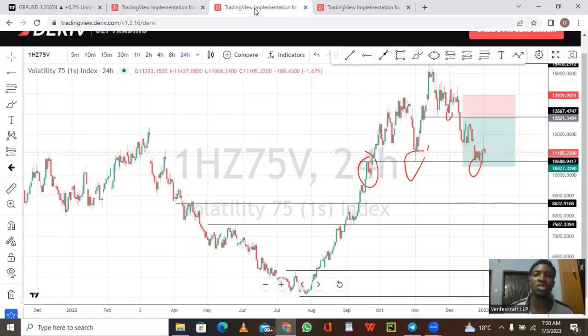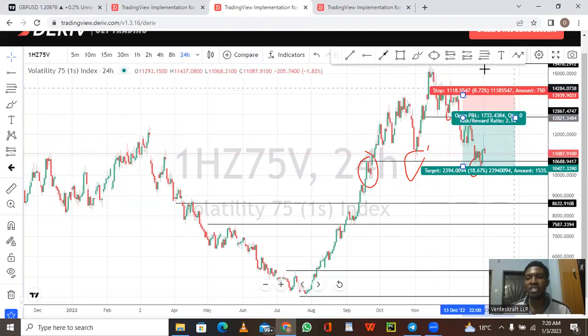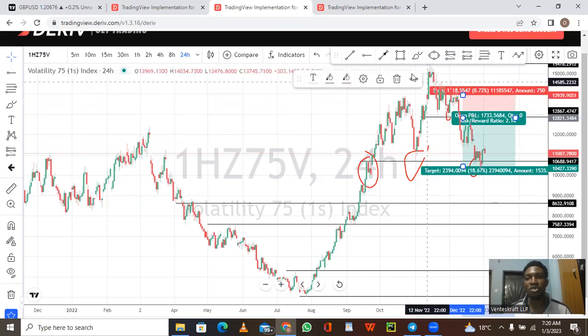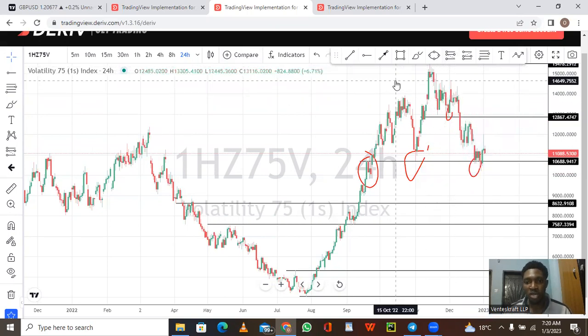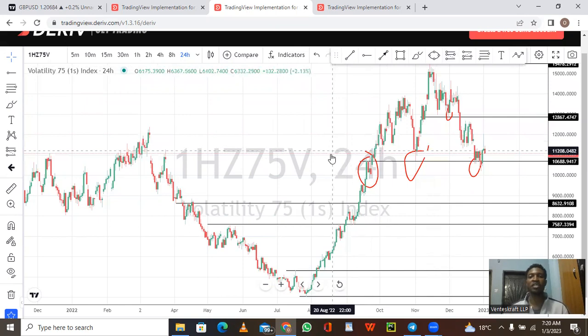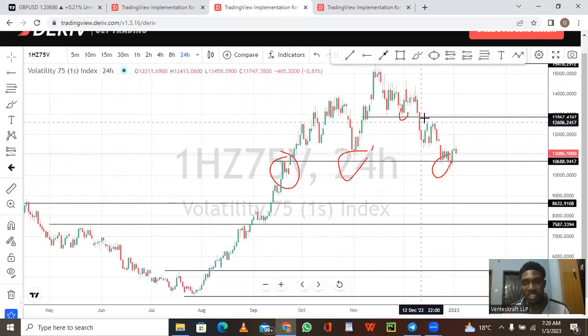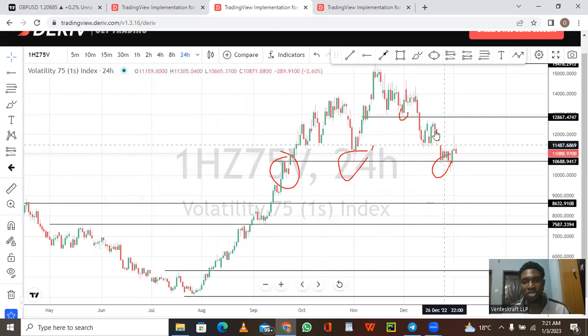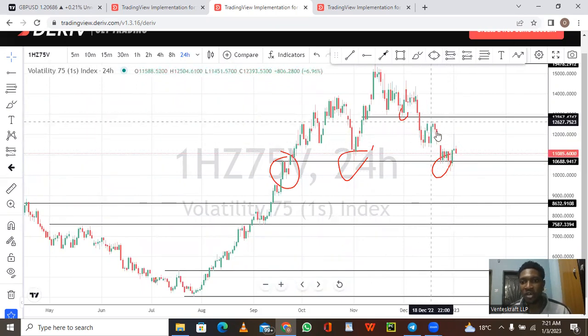When you are on the higher time frame, one of the things you will notice is that the higher time frame does not have much information to give you as regards what is happening in the market. When you look at this particular page, we just have few candles here. You may not necessarily tell what to do.